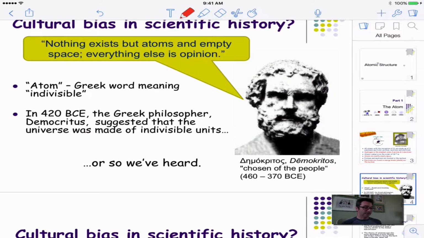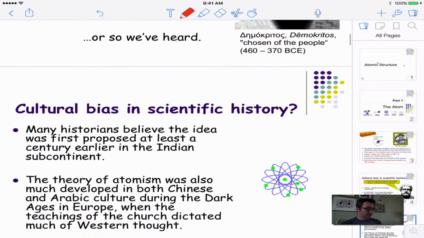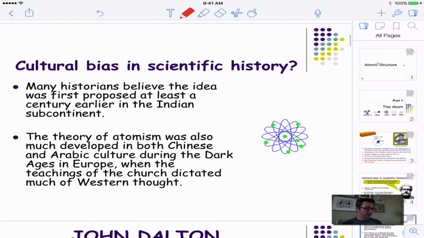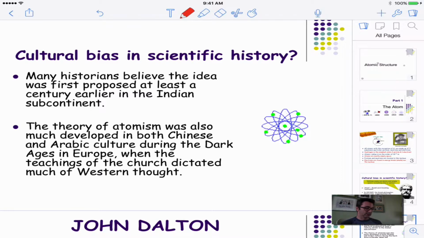When we look back at who first discovered the atom, we give credit to the Greek philosopher Democritus, and his idea that you have these indivisible tiny units, which he called atomos, which is Greek for atom. But when we start looking into it, you see that other cultures have the same kind of idea. Historians have discovered that there was this idea of an atom proposed on the Indian subcontinent, in India.